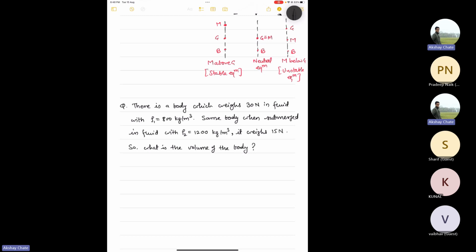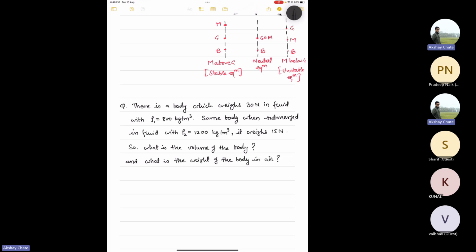I can add one more question also here: and what is the weight of the body in, let's say, air?